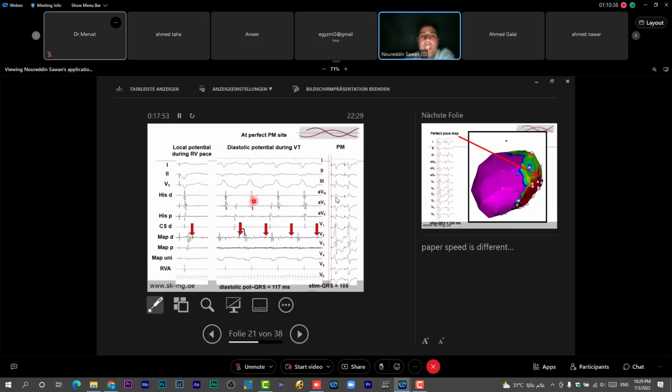That is what we saw during the EP study. We saw these nice diastolic or mid-diastolic potentials during VT, and in sinus rhythm or during RV pacing, we were able to see these small late potentials.